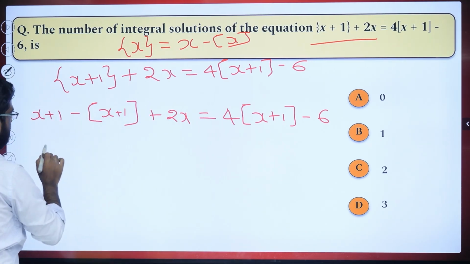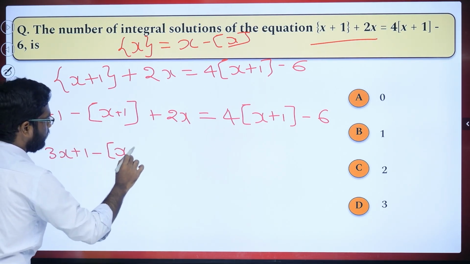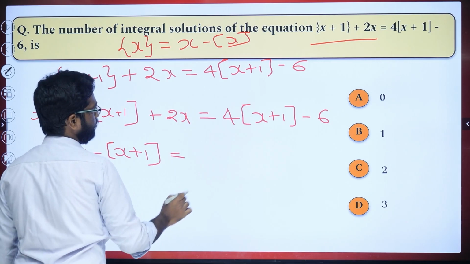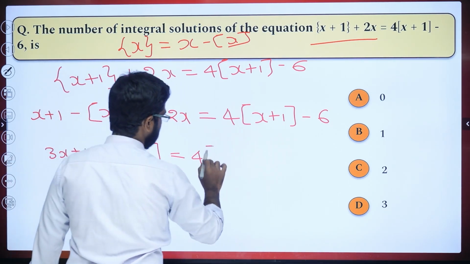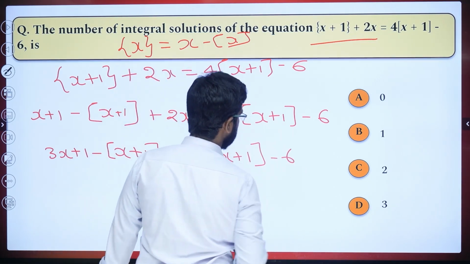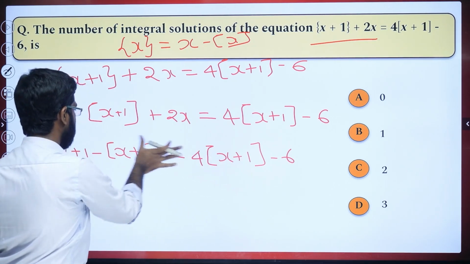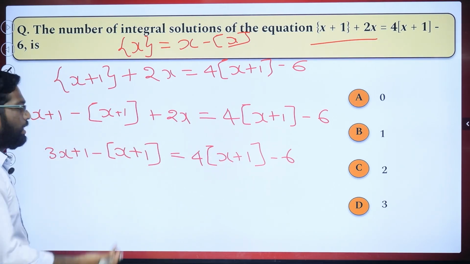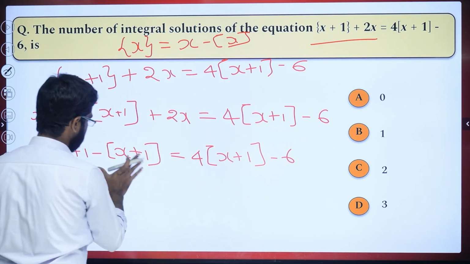So 3x plus 1 minus, in the same way, 4 greatest integer function minus 6. Now let's combine everything to one side, my dear students, other side next thing. So let me gather this greatest integer function to this side.